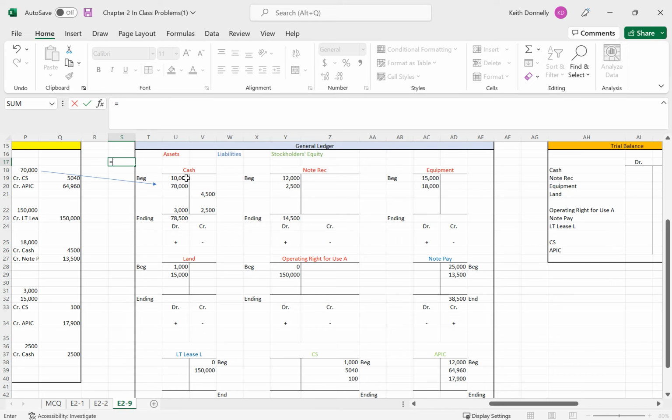Let me just double check that because it was in the way there. So add all these together because they're on the plus. And then subtract those. Oh, we got a different number there. So let's see what's going on here. Let's try this one more time. So we got equals our beginning plus our additions minus our subtractions.